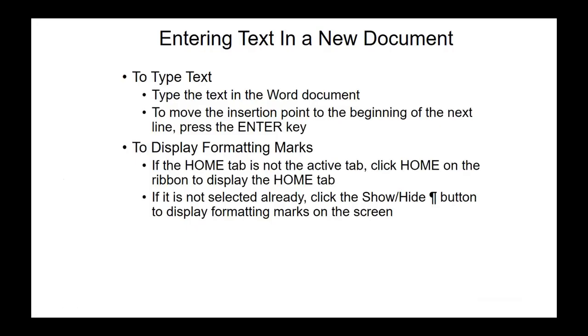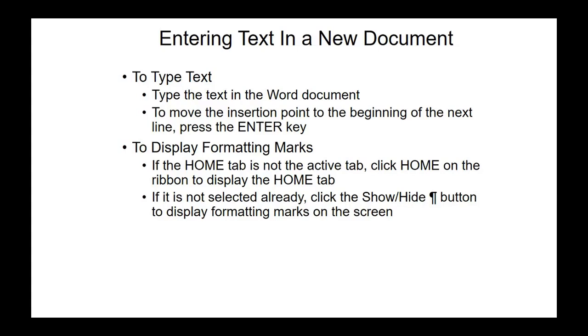Now let's take a look at how we enter text in that new document that we've created. If we're going to type text, we go to that insertion point and we can just start typing. If we finish what we need to say in that sentence and we need to move on to a new line, then we simply hit the Enter key on the keyboard.